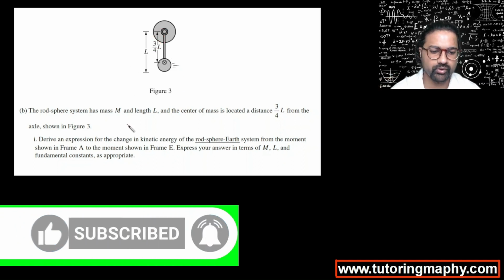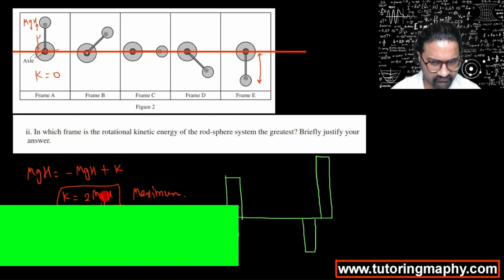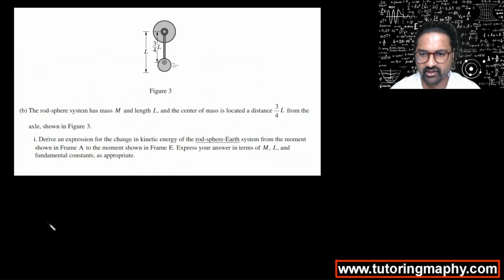So all we have to do is go back and borrow this expression, because that is eventually the change in the kinetic energy. The kinetic energy at A plus potential energy at A is kinetic energy at E plus the potential energy at E. Kinetic energy at A is 0. Potential energy at A was mgh, like we said earlier.